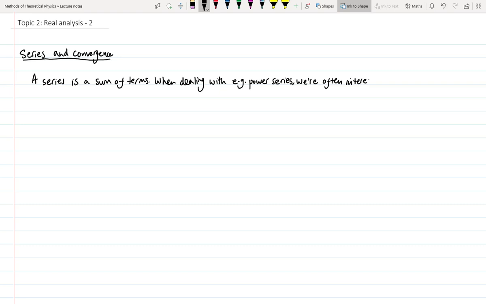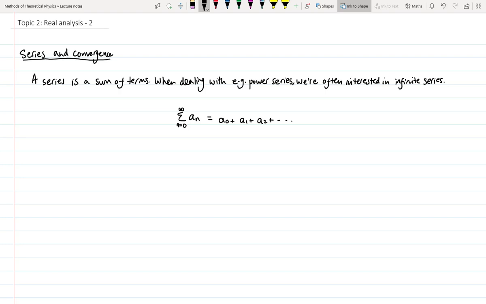So we're often interested in infinite series. We write these as the sum from n equals 0 to infinity of terms a subscript n. And this is a0 plus a1 plus a2, and so on.